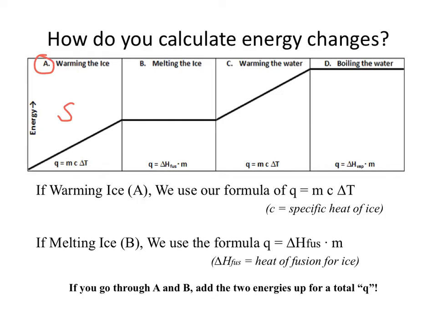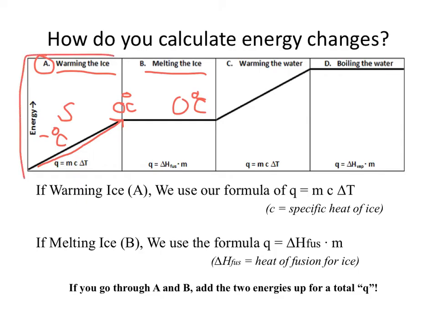We know that when ice starts to melt, that's at 0 degrees Celsius. So we've got 0 degrees Celsius at the beginning and end of this B part where it says melting the ice. So that means if we're warming the ice over here, this is in the negative degrees Celsius. Could be negative 20, working its way up to negative 10, working its way up to 0 degrees Celsius.